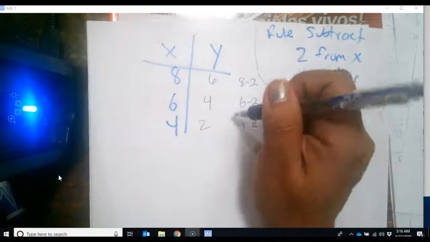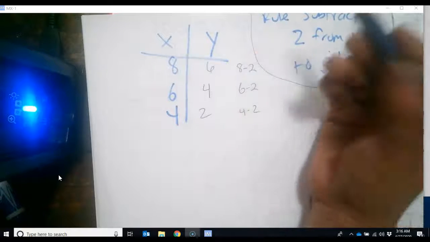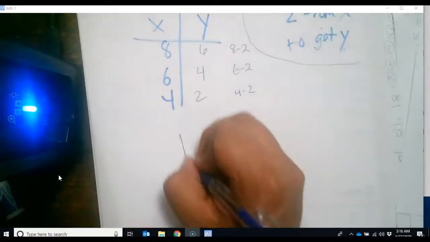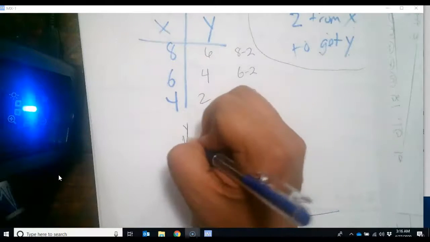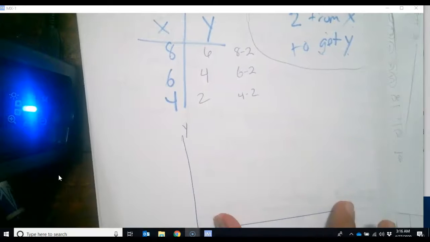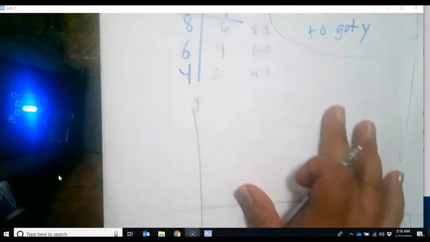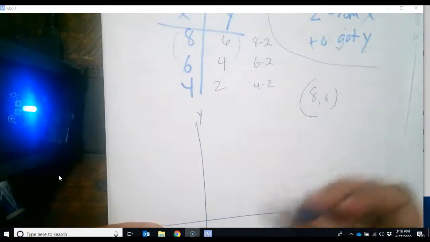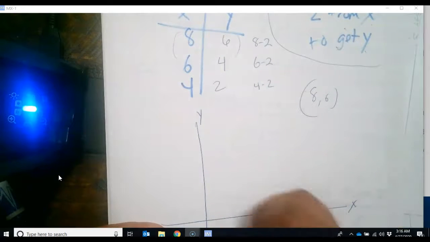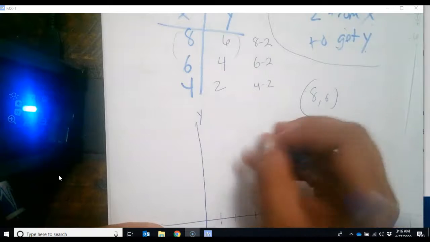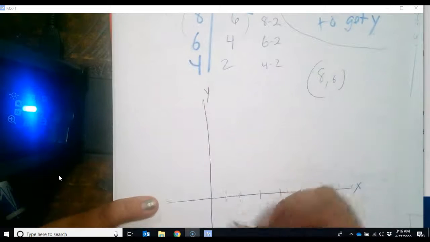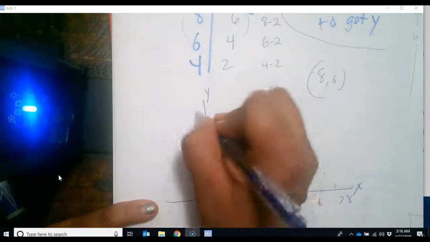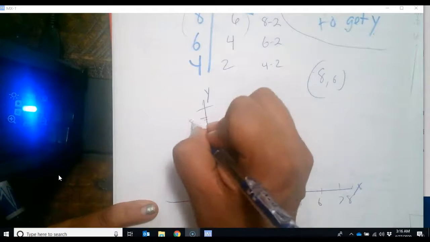So now in Khan Academy, when you have this problem, it will have a graph coordinate plane, and you would have to graph it. So if you remember, this is our Y and this is our X. These are positive numbers and these are positive numbers. So this will be my ordered pair. 8 and 6 will be my first ordered pair. So I would find the 8 on the X, and they have the dots, and you would just drag it. So 1, 2, 3, 4, 5, 6, 7, 8, and then going up 1, 2, 3, 4, 5, 6.